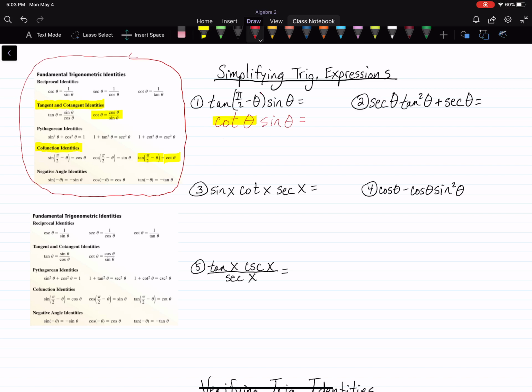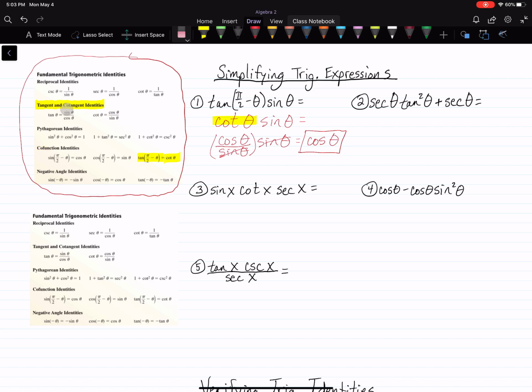So I change cotangent theta to cosine theta over sine of theta times the sine of theta, and now you can see what's happening with the math. When you multiply those, the sines cancel, and you're just left with cosine of theta. That's all you're doing on these problems, just simplifying them to a simpler expression. Usually you can get it down to one trig function, or maybe two trig functions adding together. It's very simple.